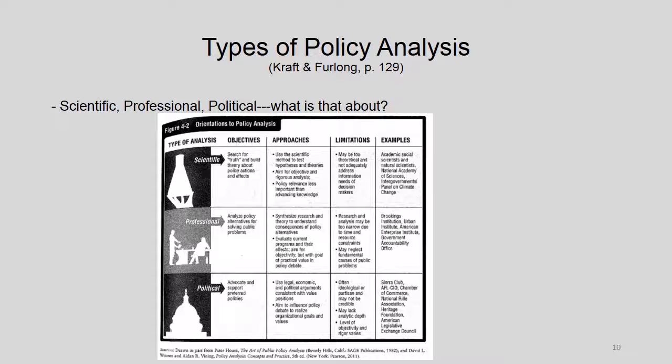Again, I am not going to belabor this because as the weeks go on, we're going to talk about different types of policy analysis. But note, he divides policy analysis into 3 broad categories. I think there are really more, but they divide it into 3, and I think this is important to keep in mind as you start looking at various policy analyses.